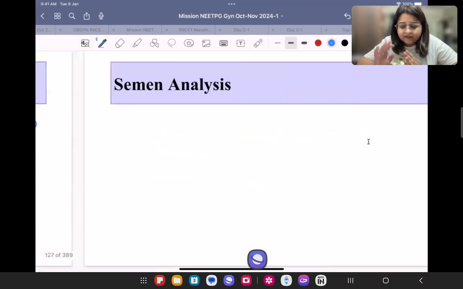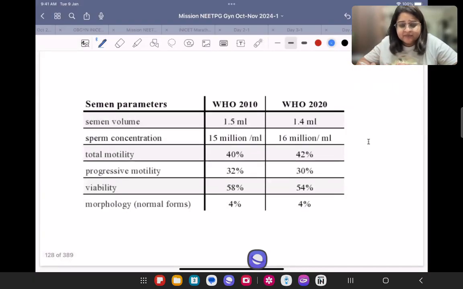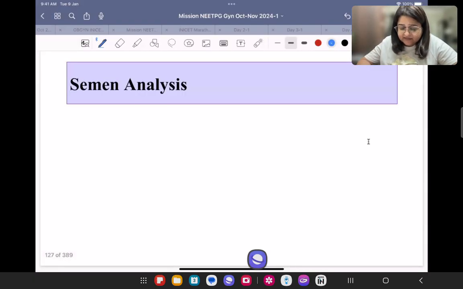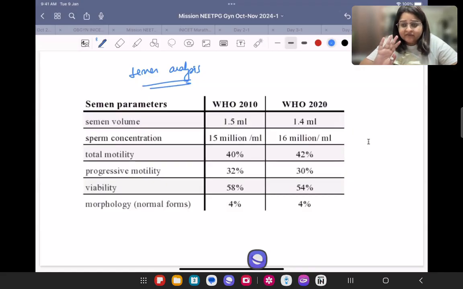Okay, and then for the male partner, we always get a semen analysis. So semen analysis is the basic test, the first test we do for male factor infertility.